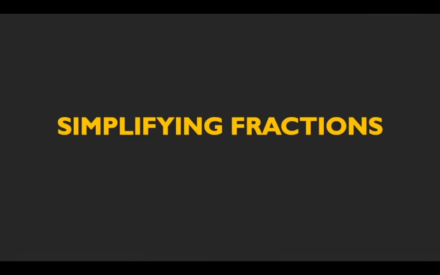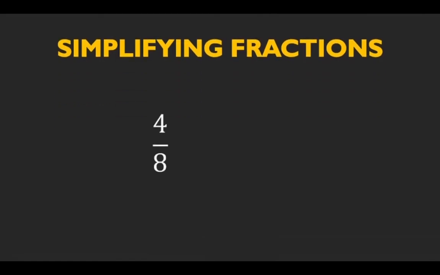Simplifying fractions. We can simplify a fraction by reducing it to its lowest term. That means to divide the numerator and denominator by their greatest common factor, or the GCF. In this example, we have 4/8.